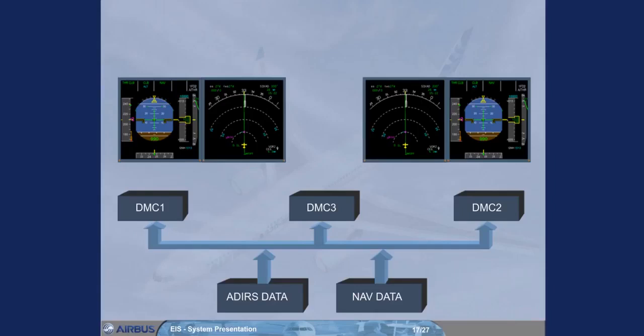Under normal circumstances, DMC-1 supplies EIS information to the captain's PFD and ND. DMC-2 supplies the first officer's PFD and ND. And DMC-3 is available as a backup. You will see the use of DMC-3 in the Abnormal Operation module.